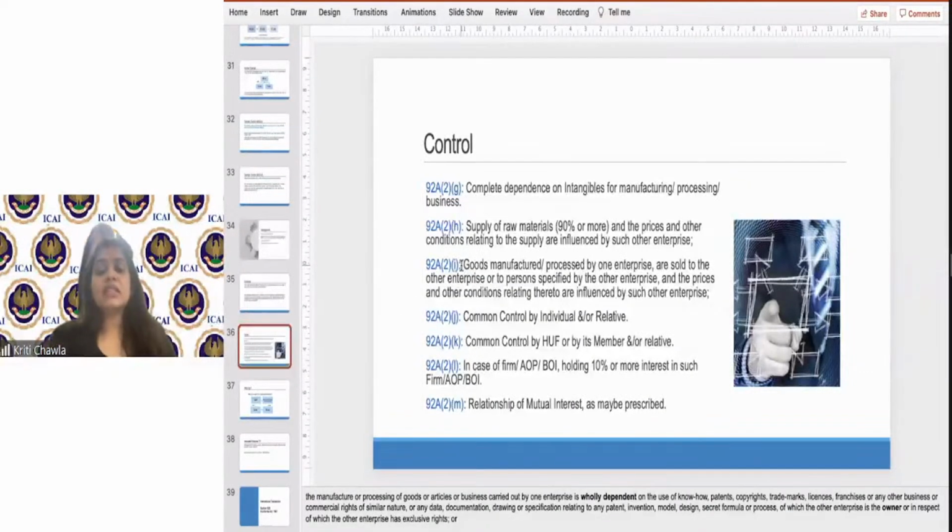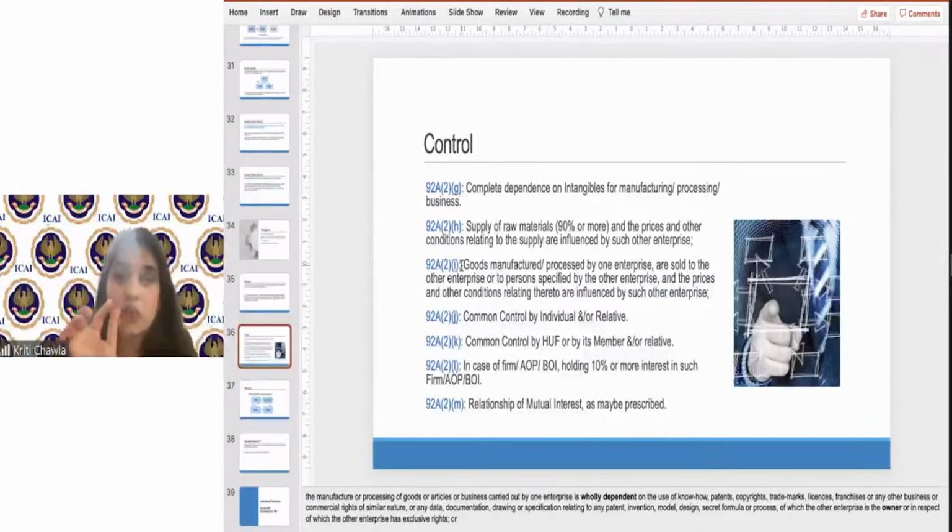The next one is section 92A2I, and it says that if there are goods manufactured or processed by one enterprise and they are sold to the other enterprise, and prices and conditions relating to that transaction are influenced by the other enterprise. That basically means that if I am processing and manufacturing some goods and I'm selling all those goods to another enterprise, and the prices are also determined by these two enterprises, well, then there is a definition of control and these two are associated enterprises.